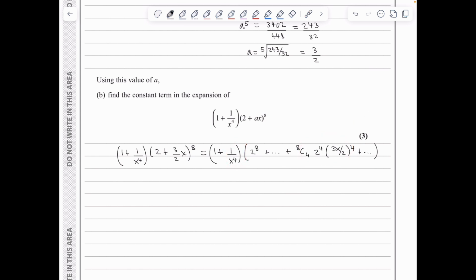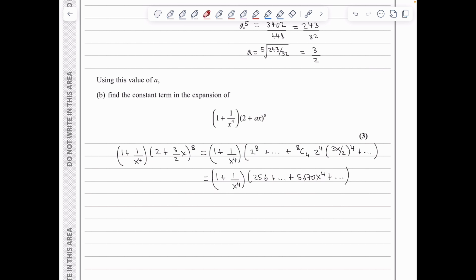So all in all, we are looking at (1 plus 1 over x to the power of 4) times (256 plus ... plus 5,670 x to the power of 4 plus dot dot dot).